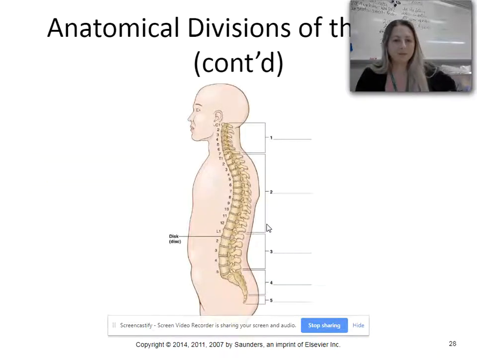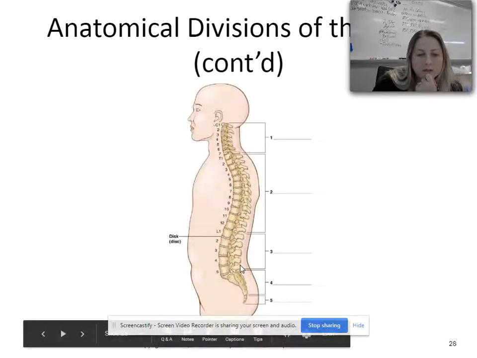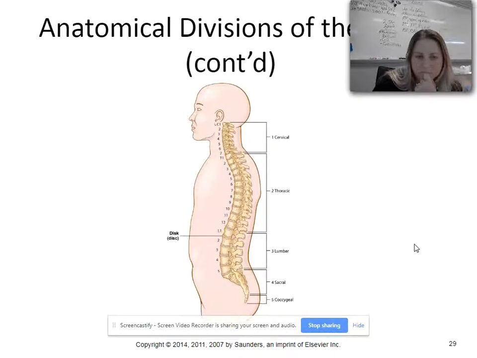All right. So here's your cervical, your thoracic, okay? And you have lumbar, sacral, coccyx. Okay, so that kind of gives you a pictorial representation of where everything is on your back.